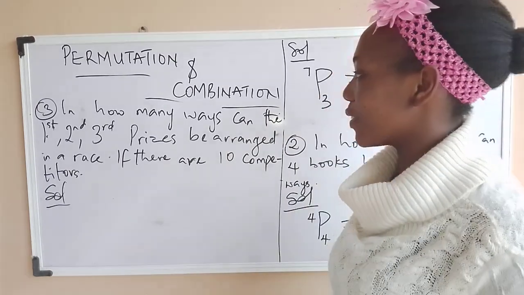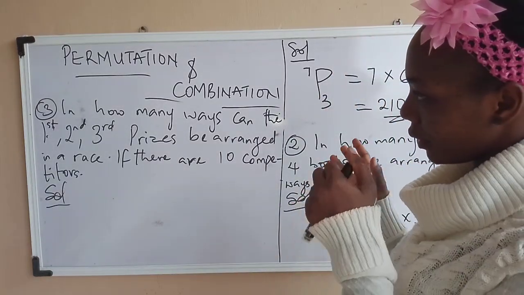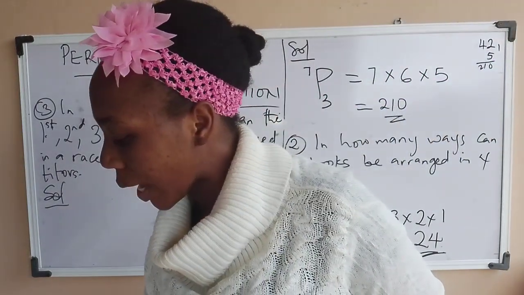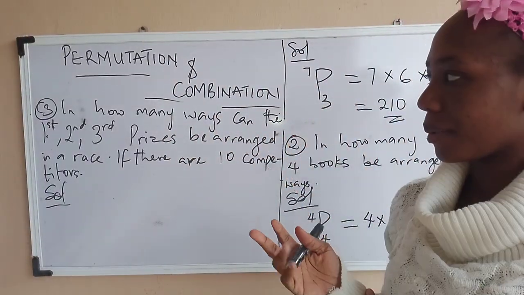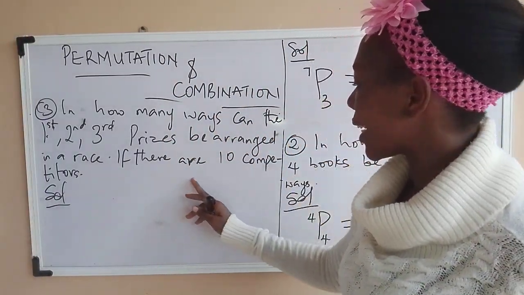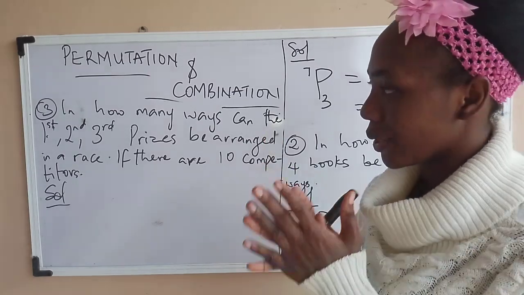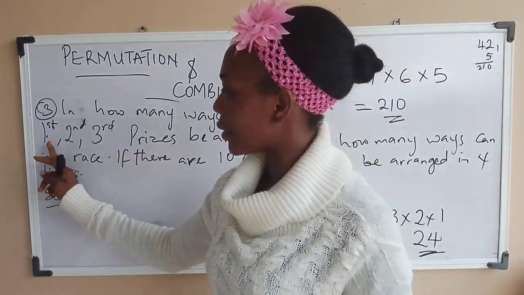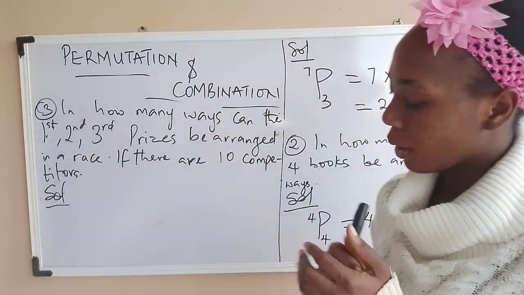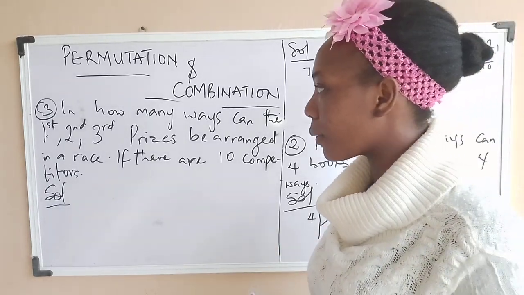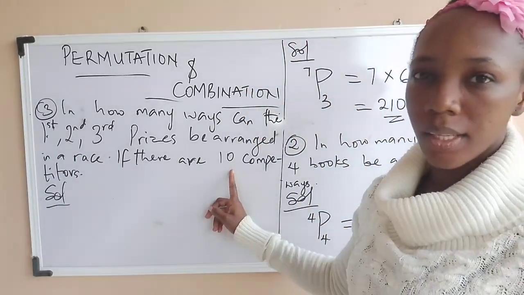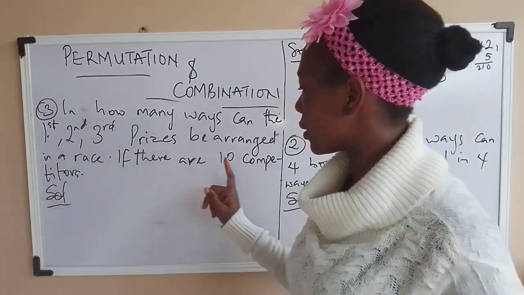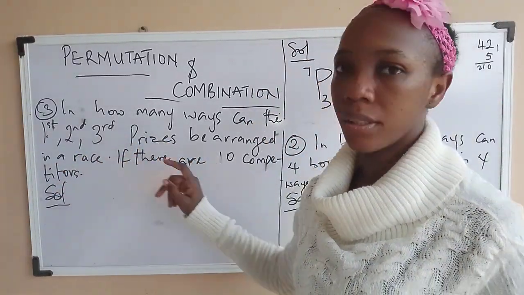All right, so we're going to be solving this one right away, following the same steps again. They said we have 10 competitors. How can we arrange the first, second, third position? The first position will be arranged in 10 ways, the second 9, and then the third 8.